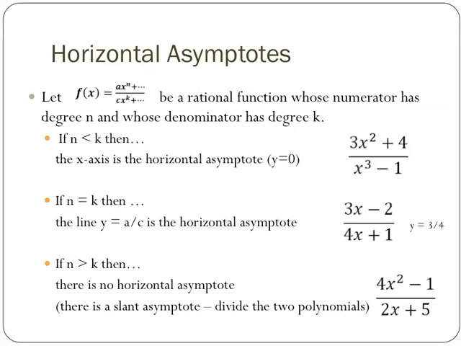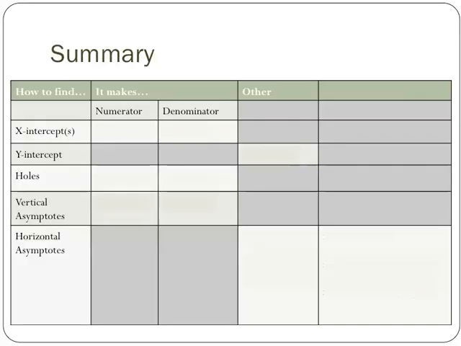All right, this last part here is just a summary of everything that we just talked about today. There's a lot, so for those of you who are more visual, a chart might be more helpful to organize all the different pieces of information from today. So how do you find the x-intercepts? It makes the numerator 0 and the denominator is not 0.